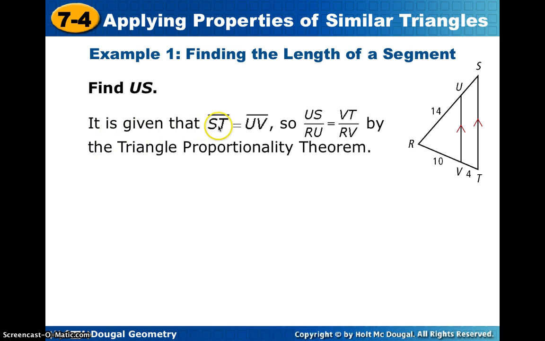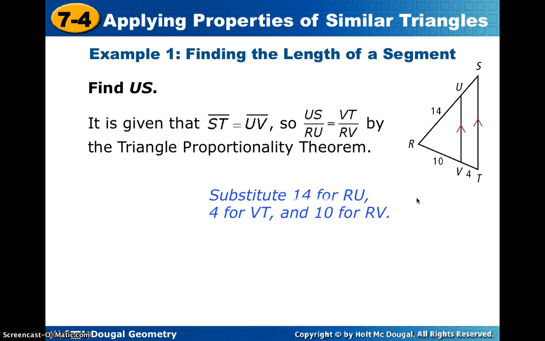It's given to us that ST is parallel to UV. So we're going to make a fraction of their pieces: SU over RU, which is the 14, equals VT, the 4, over RV, the 10. And that is by the triangle proportionality theorem.